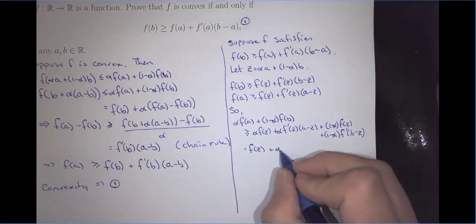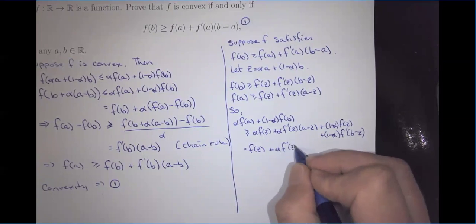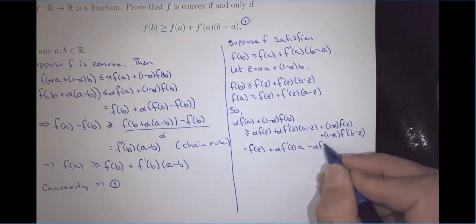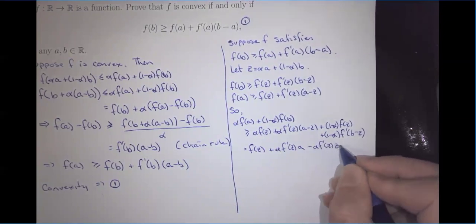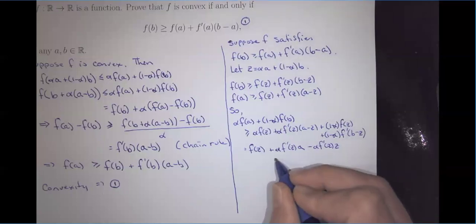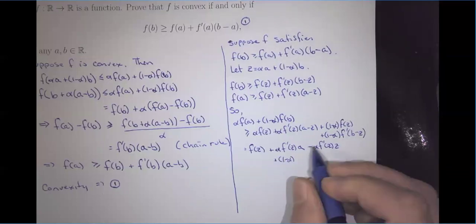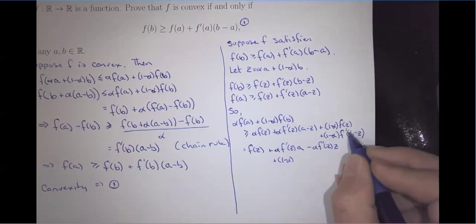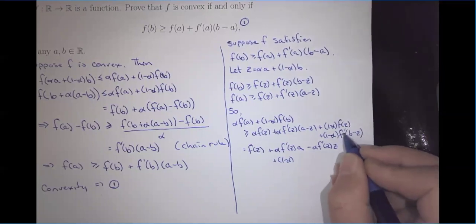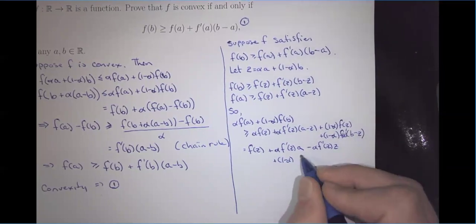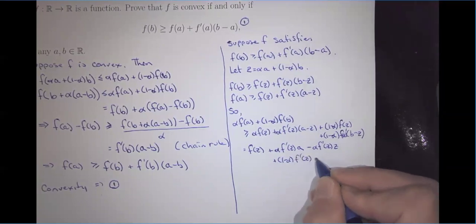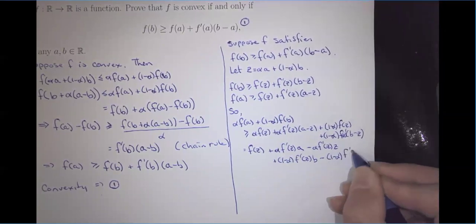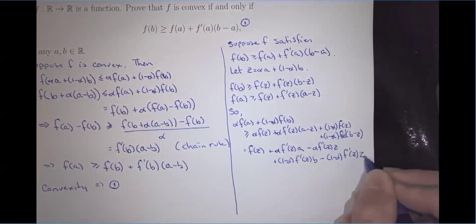So alpha times f prime of z times a, minus alpha f prime of z times z, plus 1 minus alpha times f prime of z times b, minus 1 minus alpha f prime of z times z.